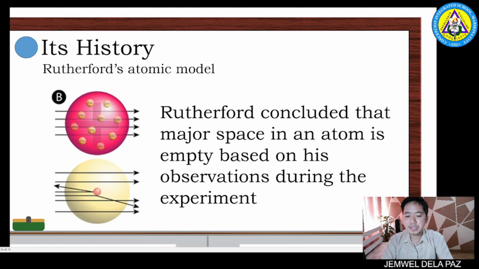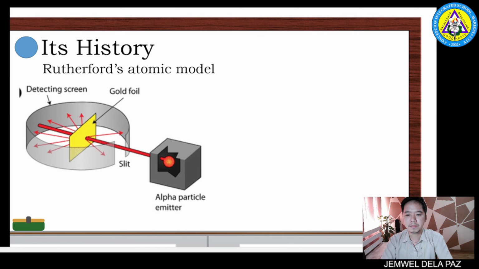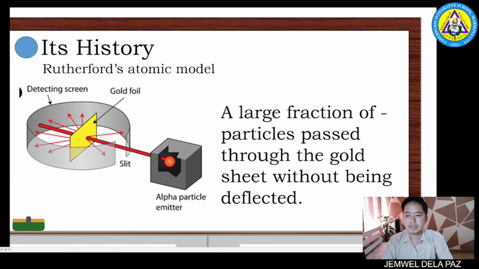And that is based on his observations during the experiment. In this alpha scattering experiment, a large fraction of particles pass through the foil without being deflected. So therefore, there must be large space among them.